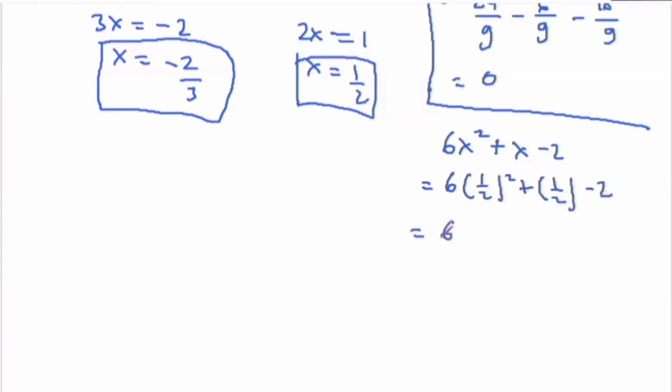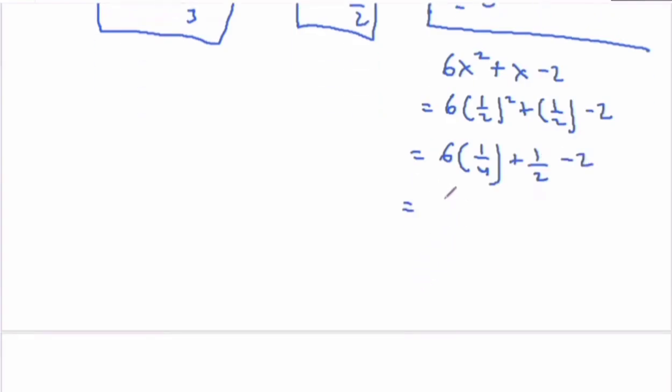Half times half is 1 over 4, so 6 over 4 plus half minus 2.